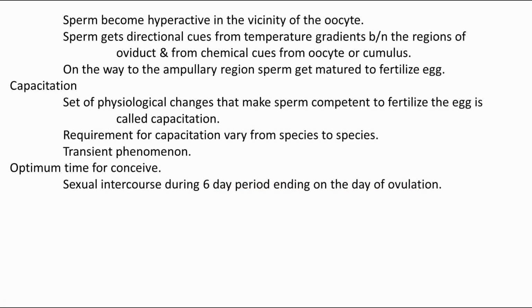Suppose this is the ovulation day, and 6 days prior to this ovulation day is the apt time to have sexual intercourse if you wish to attain pregnancy.